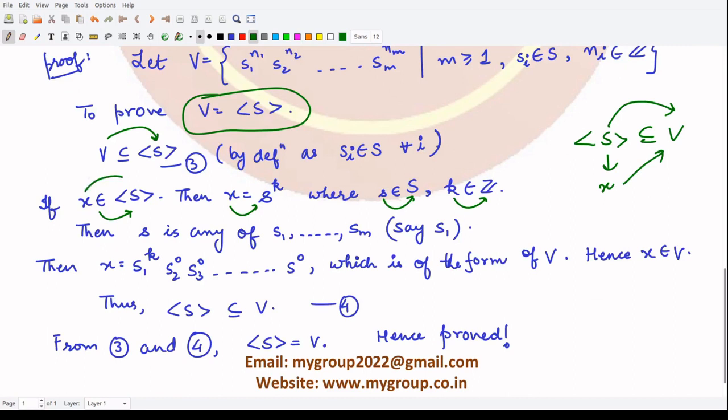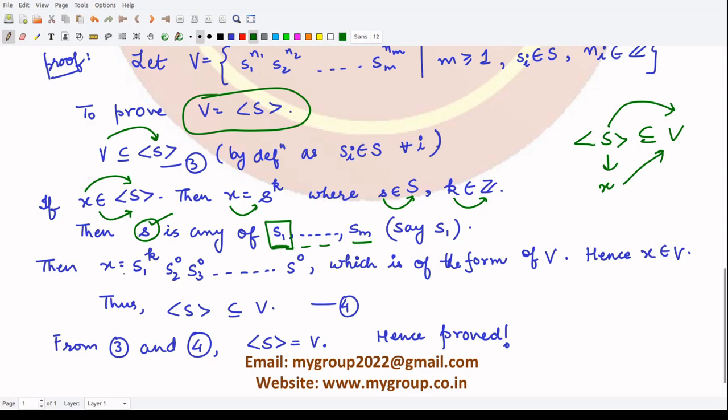Because X is a member of the set which is generated by S. So s is any of these elements from S, because we are taking S1, S2, S3 and so on up to Sm as elements of capital S. So this small s would also be a member of capital S. Now let's take this to be S1, without loss of generality. We can take it to be any other element as well.